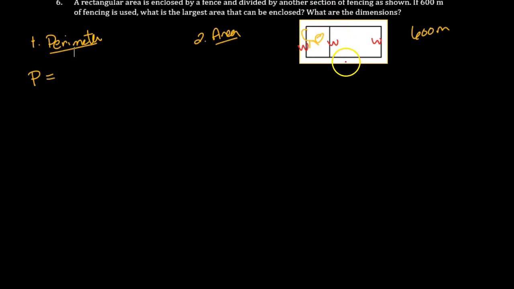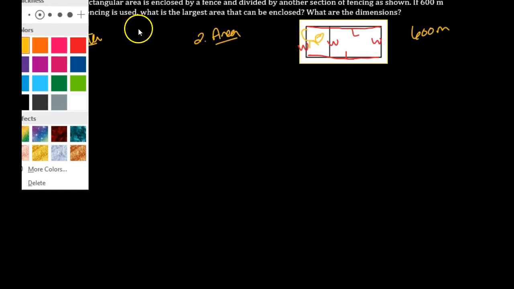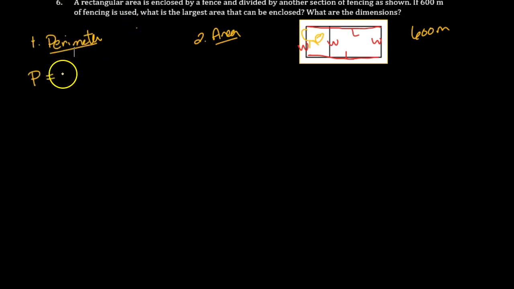And then you have a length that goes across the entire bottom, and then you get a length here, so we're going right across the top. If you're keeping score here, we have two lengths, top and bottom, and then three widths: 1, 2, 3.